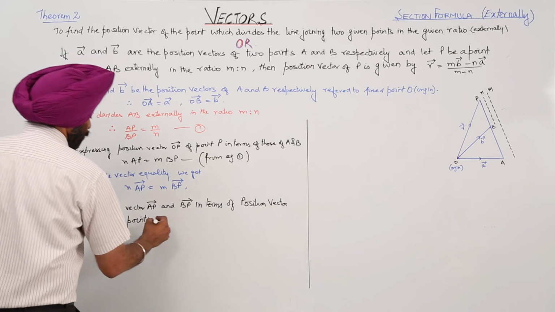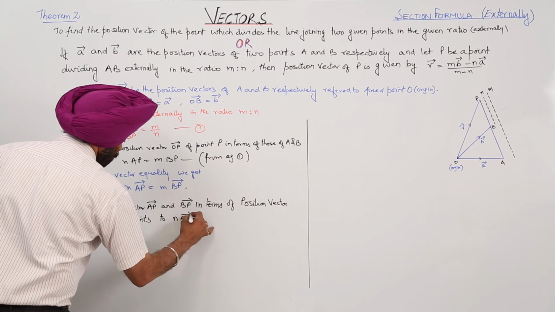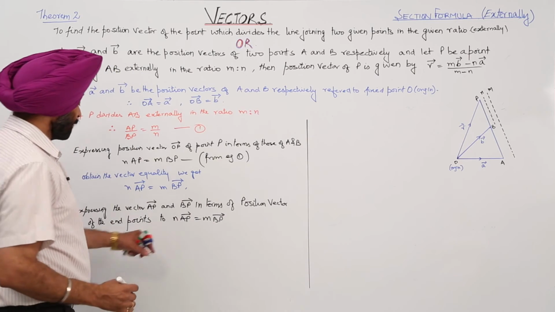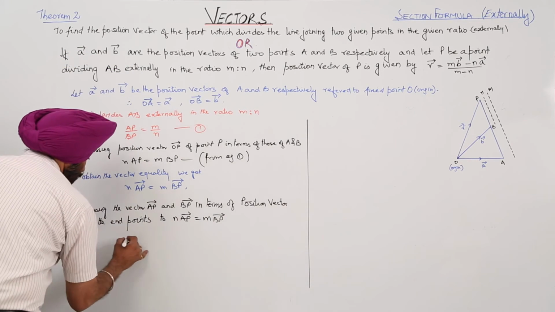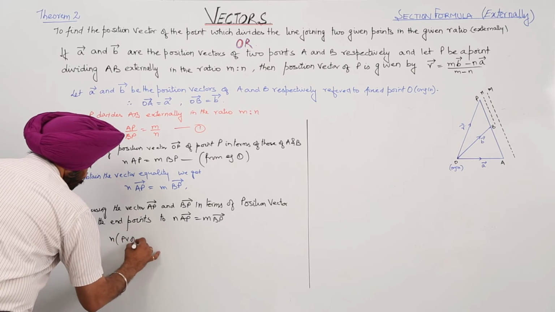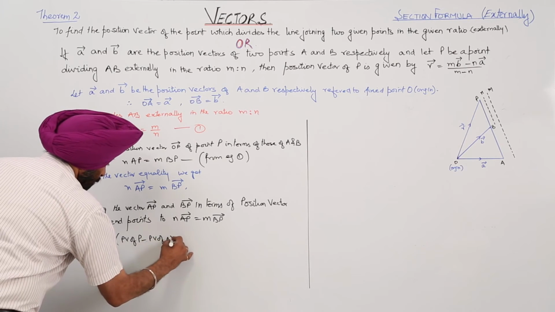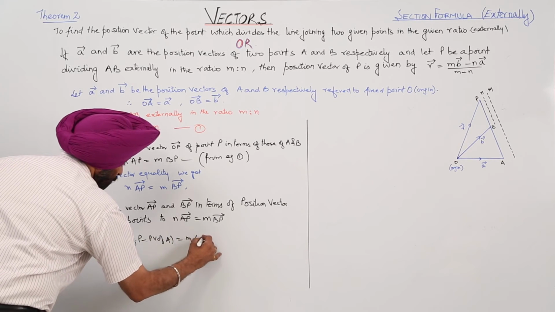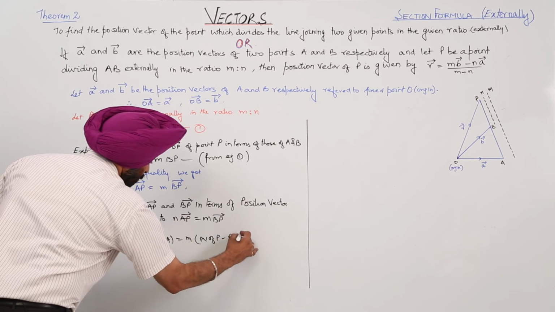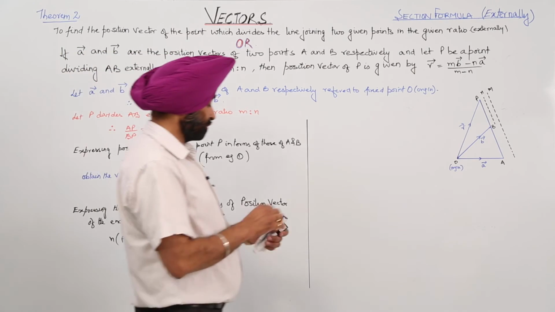Now, n AP is equal to m BP. What can we write? We can write n times position vector of P minus position vector of A is equal to m times position vector of P minus position vector of B.